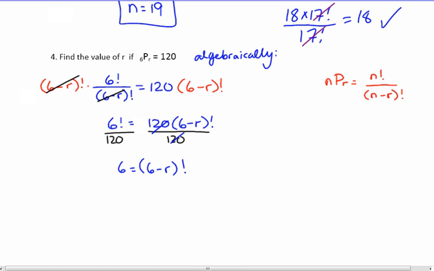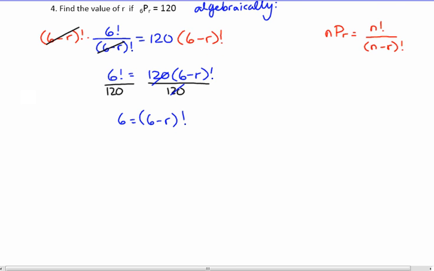Well, we want to turn the left side into a factorial as well. So we have 1 factorial equals another factorial. Do you know what factorial equals 6? 3 factorial, yeah. Remember, 3 factorial is equivalent to 6 because it's 3 times 2 times 1.